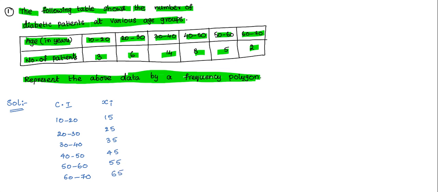These are the class marks we got, right? And the corresponding frequencies, that is fi, are 3, 6, 14, 8, 5, 2. So these are the class marks and corresponding frequencies.